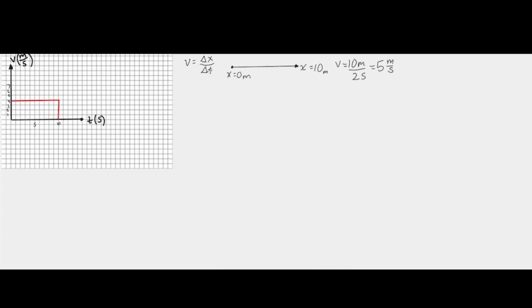But meters per second is in fact the unit of velocity that we'll use in our physics class. So again, meters per second is the standard unit of velocity.